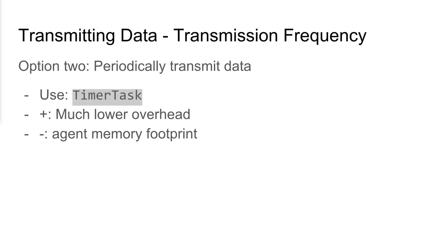So we send it every n seconds, maybe every 60 seconds. For that, Concurrent Ruby has a timer task that we can use, which will just execute a block on a given interval. This is an asynchronous process happening entirely outside the normal flow of a transaction, so it won't interfere with transactions.